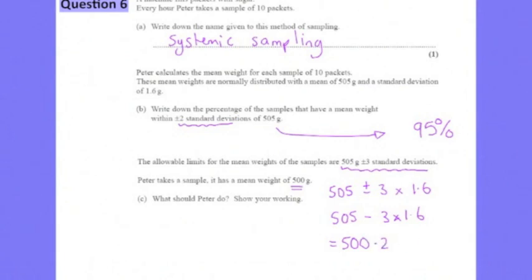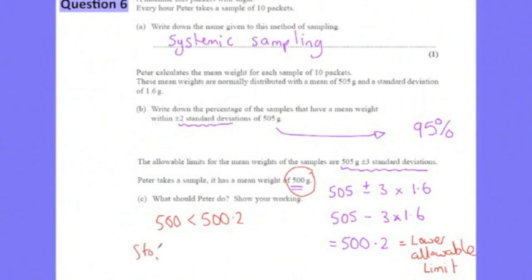This is the lower limit. So this equals the lower allowable limit. So anything lower than this will not be accepted. So Peter takes a sample. It has a mean weight of 500. 500 is less than 500.2. Therefore, Peter must stop and reset the machine.